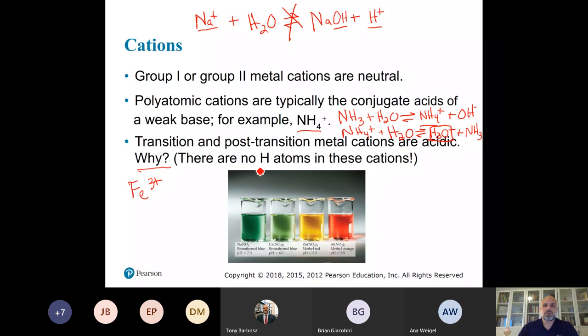There's no hydrogen atom found there. There's no proton. What is it about these transition or post-transition metal cations that makes them acidic? So we'll cover that in another slide.